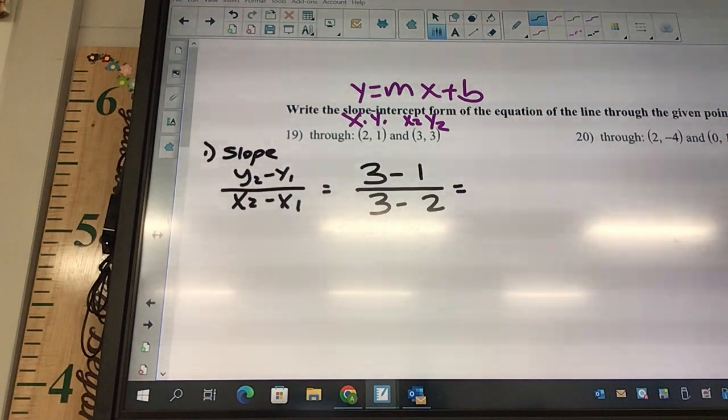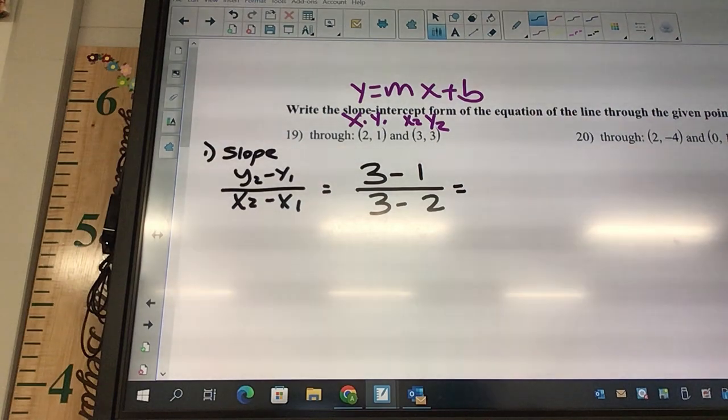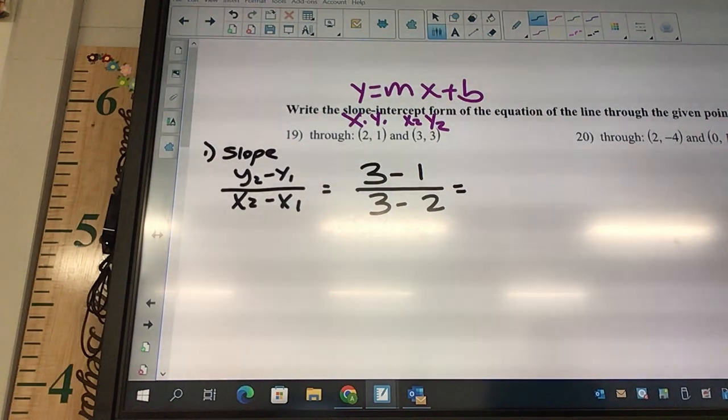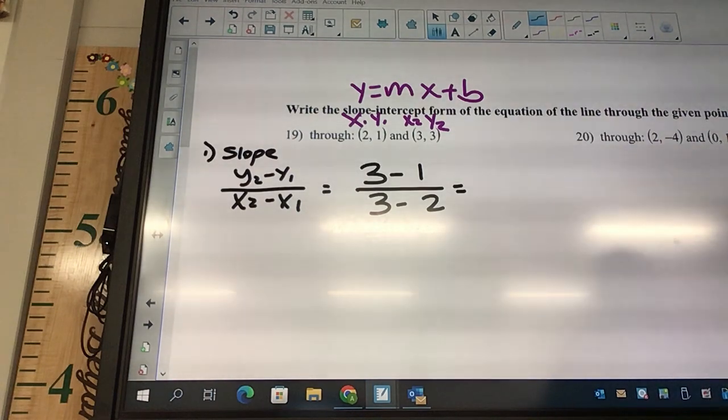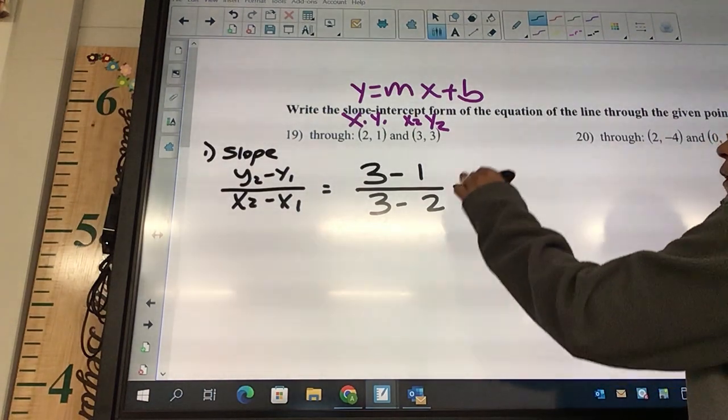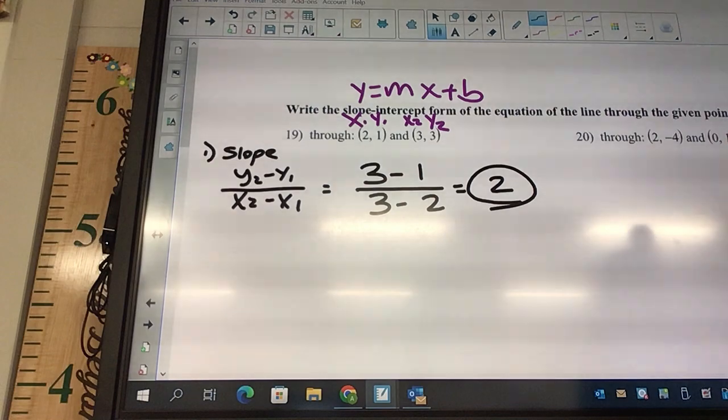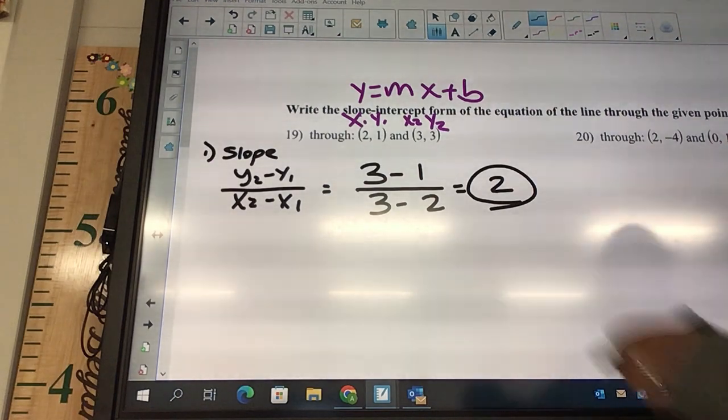Okay, then what? What is that? 2 over 1? 2. Okay, what is 2? That's our slope.